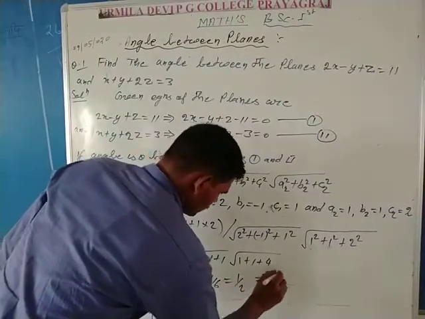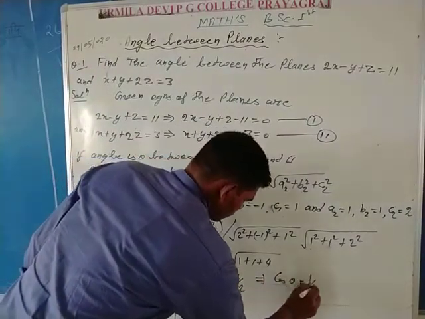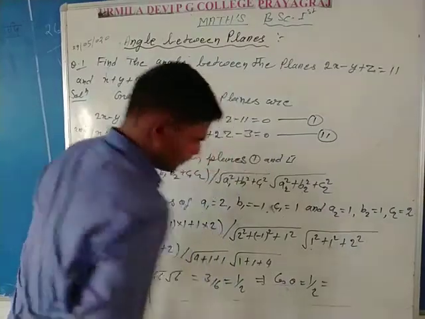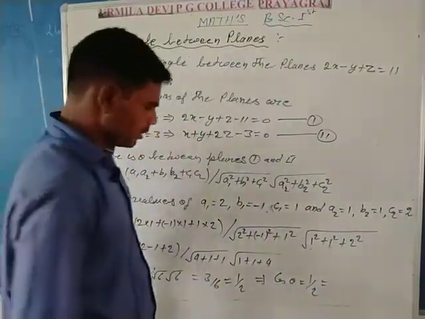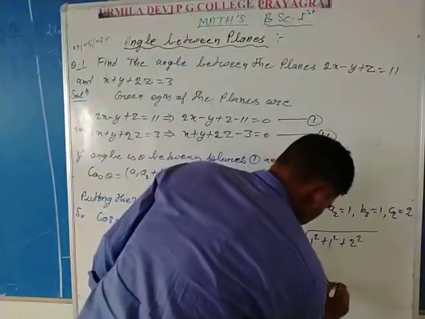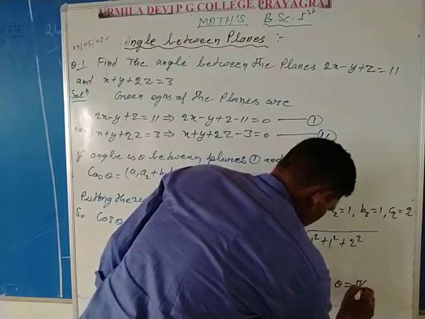It implies that cos theta is equal to 1 by 2, but cos 60 degrees is equal to 1 by 2, so theta is equal to pi by 3.